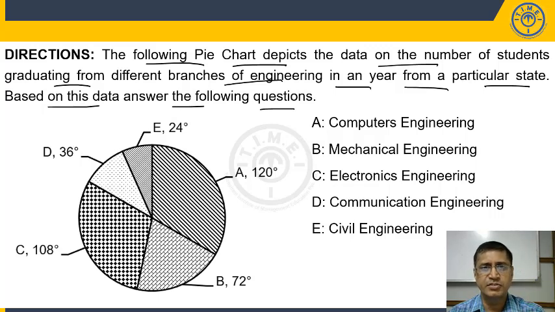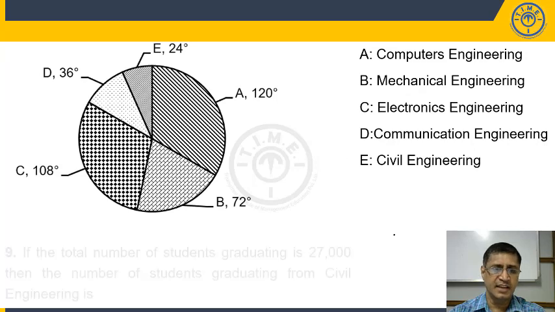Sum of the degrees is equal to 360, and A represents computer engineering, B represents mechanical engineering, and C electronics engineering, D communication engineering, E civil engineering. So these are the different branches in engineering graduation. Okay, now look at this example.